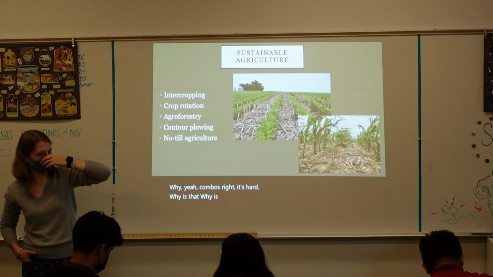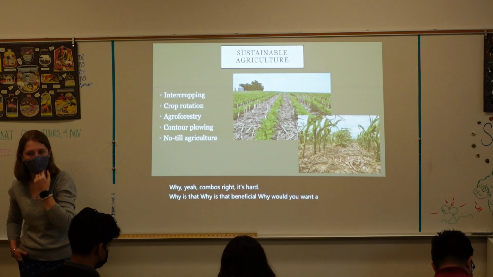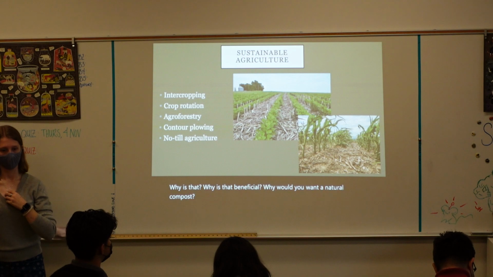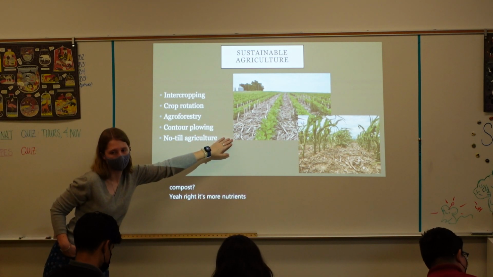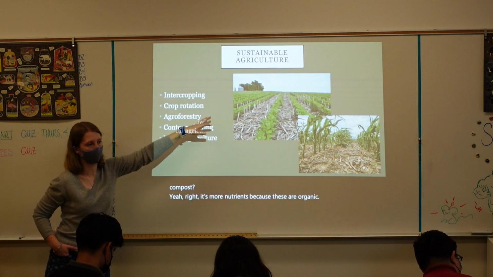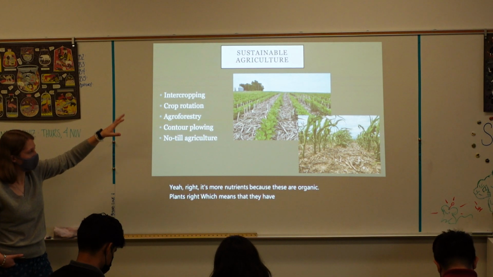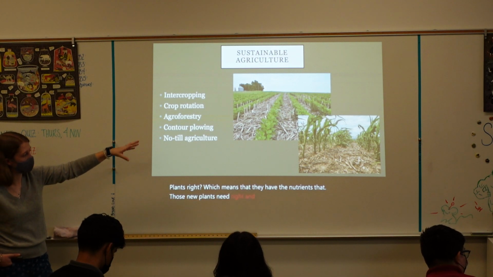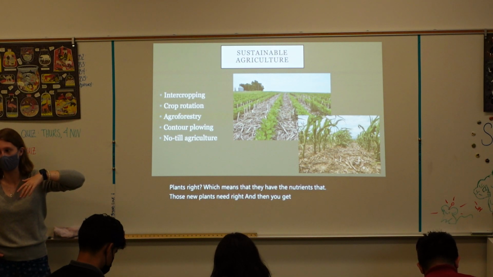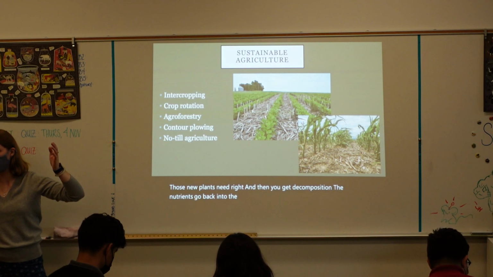Why would you want a natural compost? More nutrients, less waste. Yeah, right. It's more nutrients because these are organic plants, which means they have the nutrients that the new plants need. And then you get decomposition, and the nutrients go back into the soil and get used for new plants.